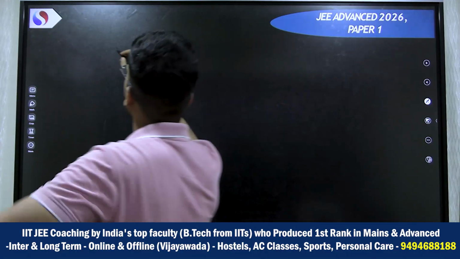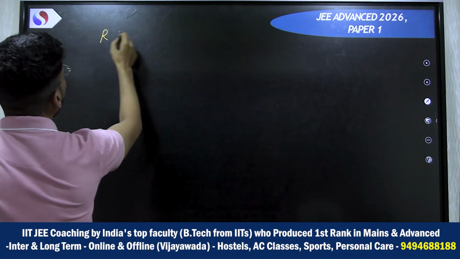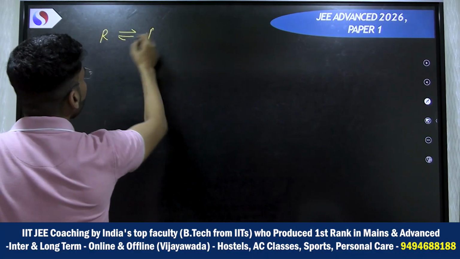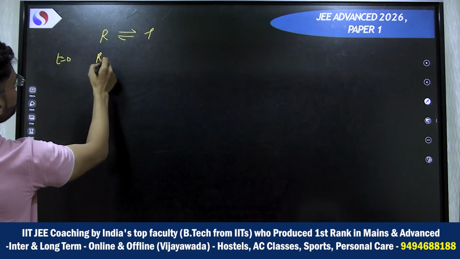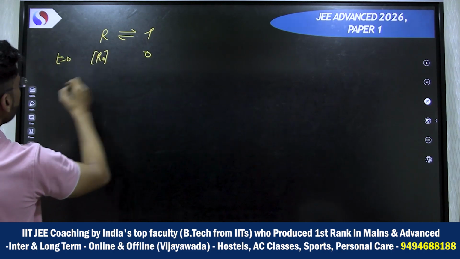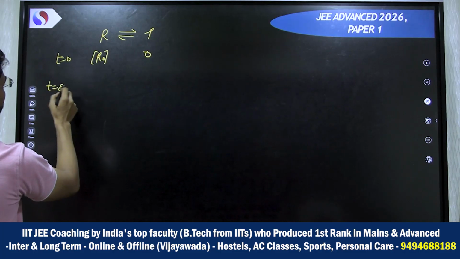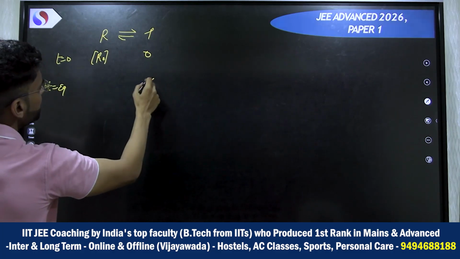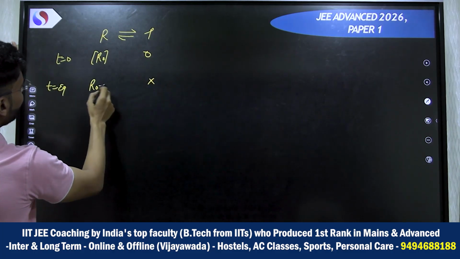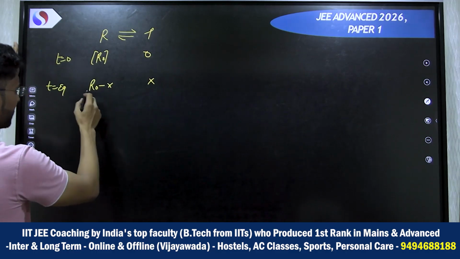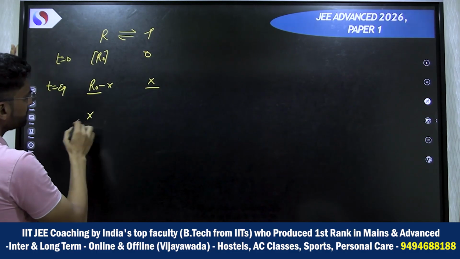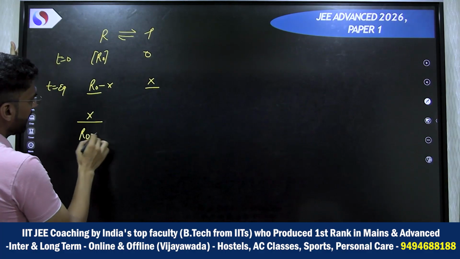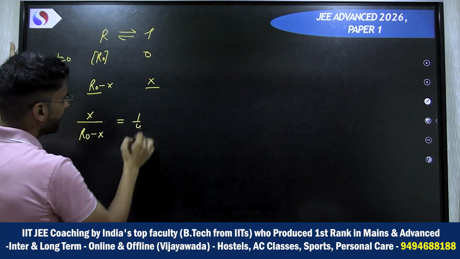We know that they have given the reaction R is in equilibrium with P. At time t equals 0, the initial concentration is given as R naught, and P is equal to 0. At the time of equilibrium, I am assuming this is X, so this is R naught minus X. The ratio of the concentration of product and reactant at equilibrium is given as X by R naught minus X, which is given as 1 by 4.